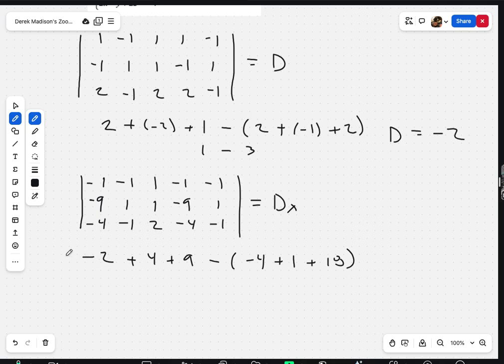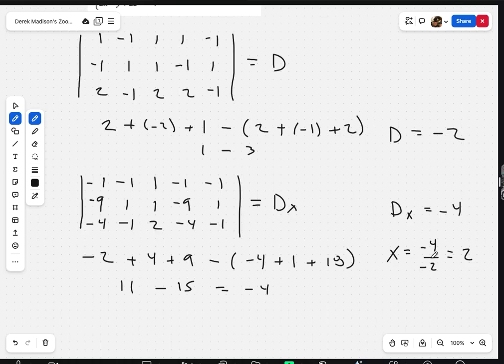And let's see, so this is going to be 13 minus 2, so that's 11, and then 19 minus 4, so that should be 15. And so that equals -4, so dx equals -4. So then to find x, I would do -4 divided by -2, and x would be 2.